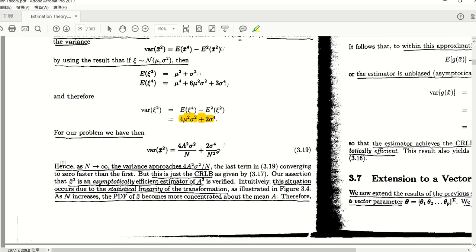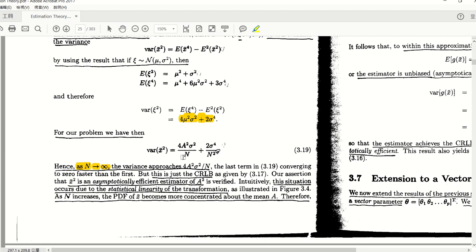So, but the point is, as n goes larger and larger, this term sustains, but this term has n squared, right? When it's n squared, it goes larger and larger, and its speed of increase is a lot faster than this because it's squared.